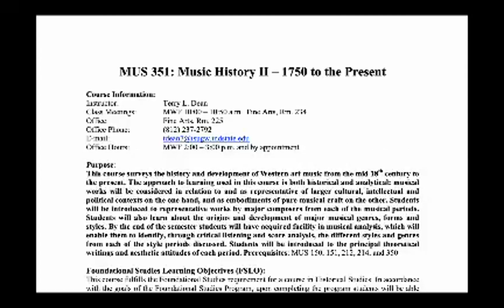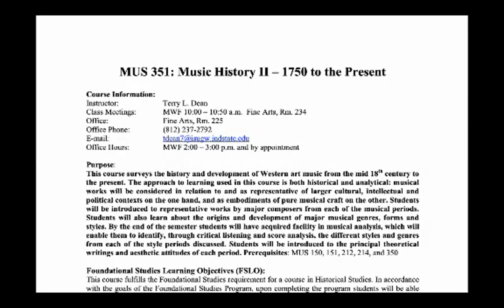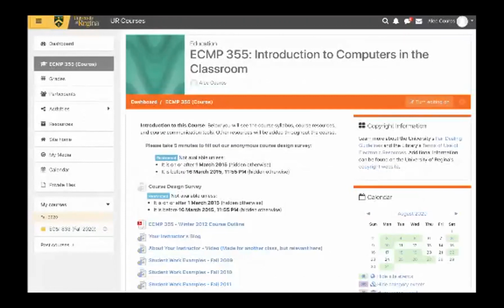The first part of this seems really common sense. On your UR Courses page at some point, you're likely going to have a syllabus. Sometimes it'll be a separate document. Sometimes it'll be integrated into UR Courses, like this, where you have it there. But most of the time, you'll have some sort of syllabus.